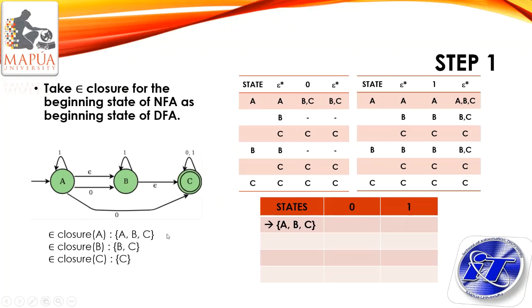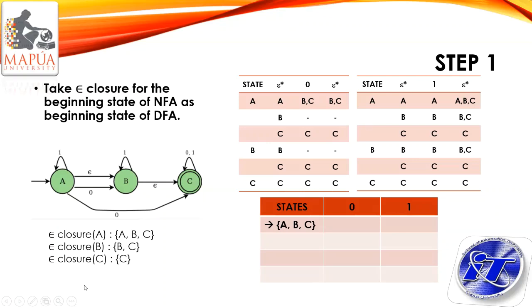For B at 0, there's no path, so dash. At C for 0, it will just loop within itself, so C, and the closure of C is just C. Again, we have the states of the closure of A, so we need to consider all of them.